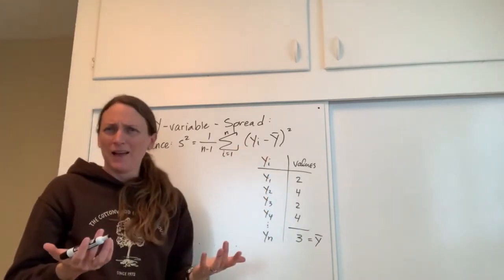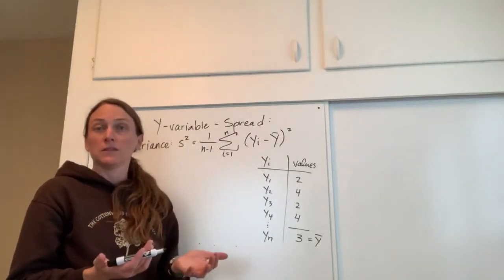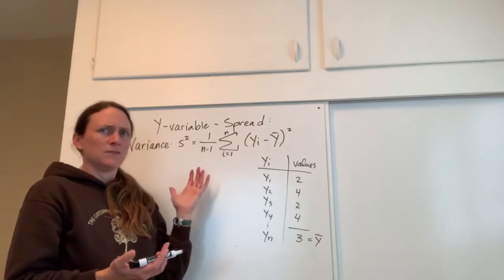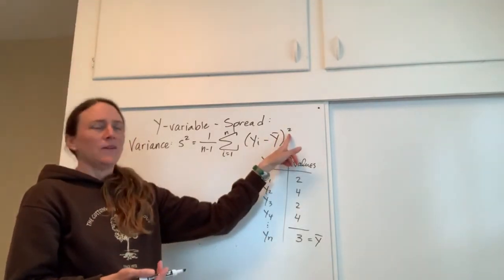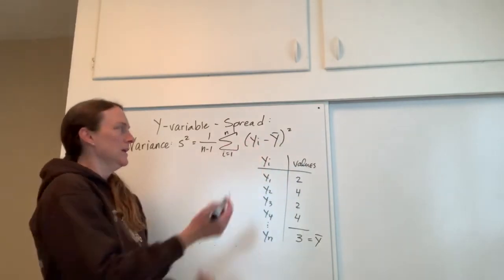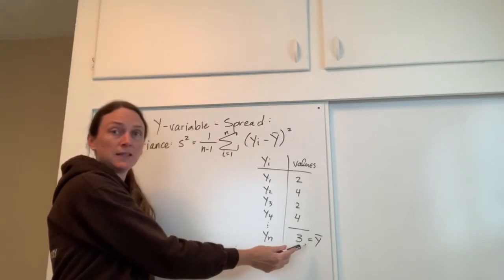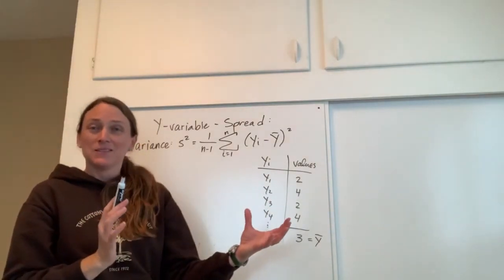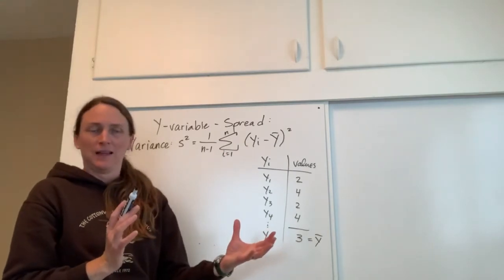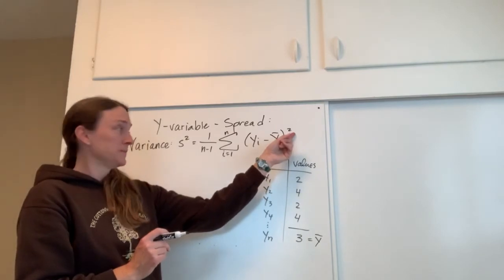Those would all cancel each other out, and I would get a variance of 0. That's not right. So that's why I have to square this deviation, the deviation between each value and the central tendency, the mean. How variable is the y? That's what variance is getting after. So that's why I have to square each of these deviations.